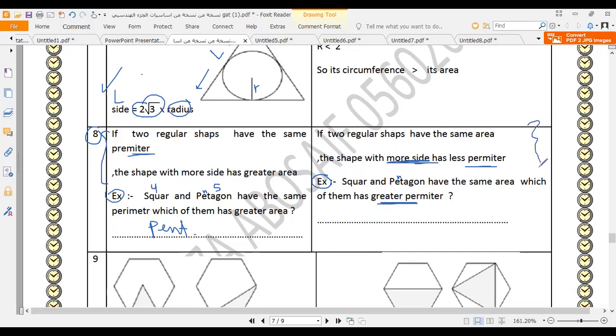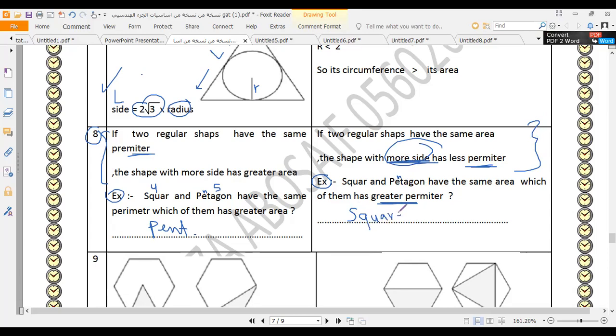Regarding your reading here, please concentrate. Square. He said that the shape with more sides has less perimeter, so the square will have the greater perimeter.